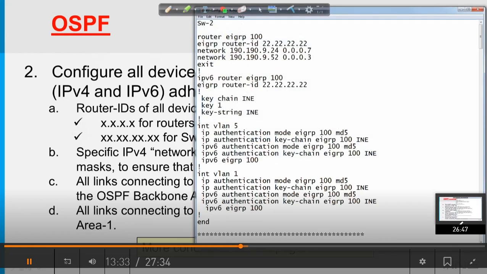So with our EIGRP configs, we included every single network. We made the loopbacks passive, and we included wildcard masks, so I can use most of this stuff all over again. So we'll just do that. Router OSPF 1.